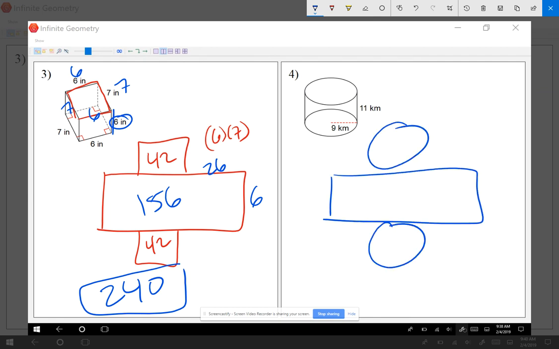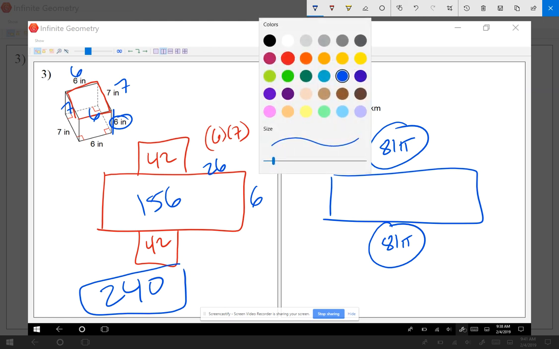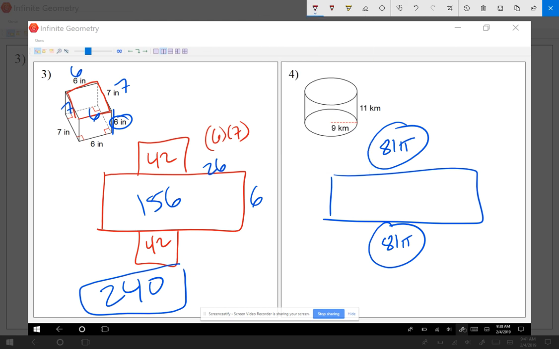My bases in this case look like circles. The radius is 9. So I'm going to say the area of the circle is 81 pi. I'm going to leave pi as pi. 9 squared, right? Radius squared. Now, for the short side of my rectangle, the distance in between the circles is 11.